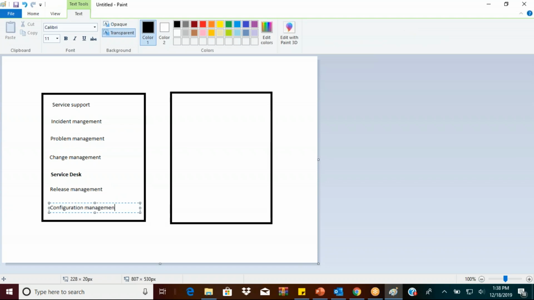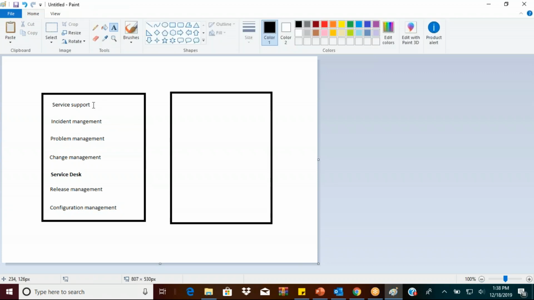So these were the processes which were there in service support. So service support was the process area, and then we had 5 processes in service support, that is incident, problem, change, release, and configuration, and one was service desk as a function.